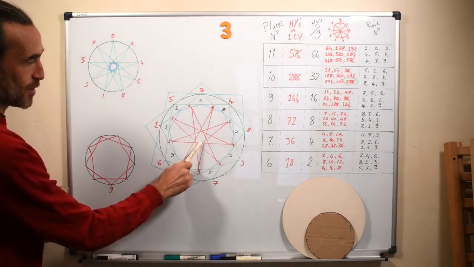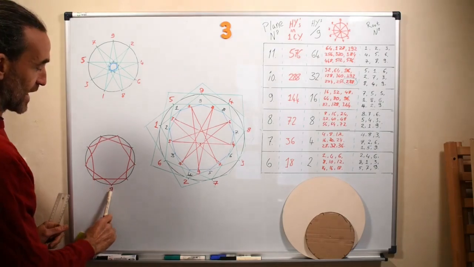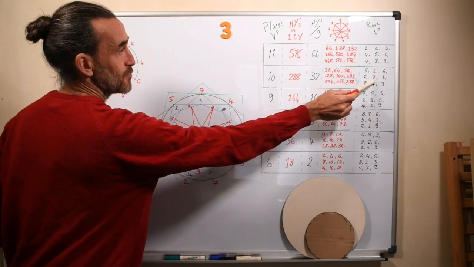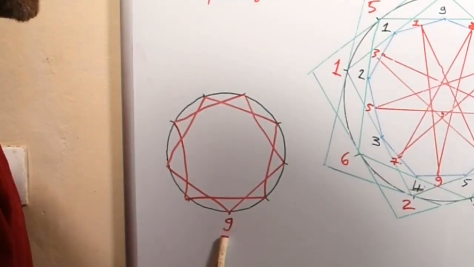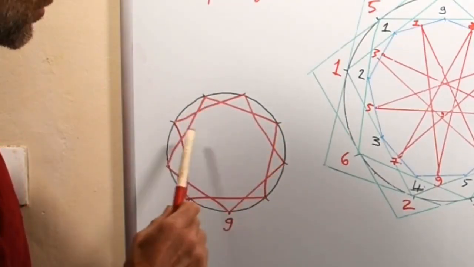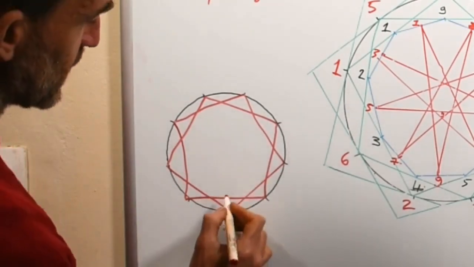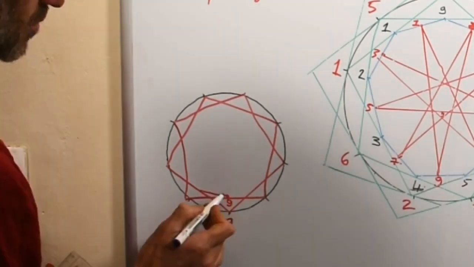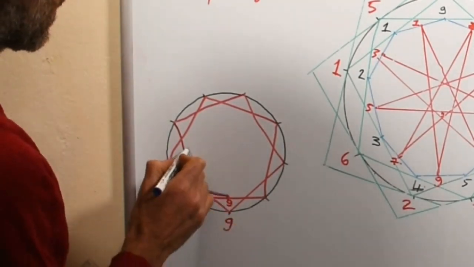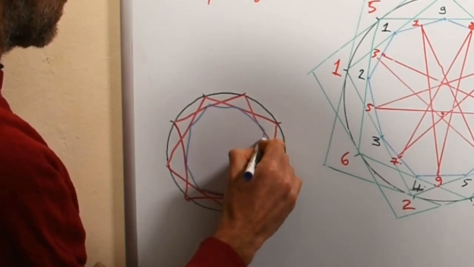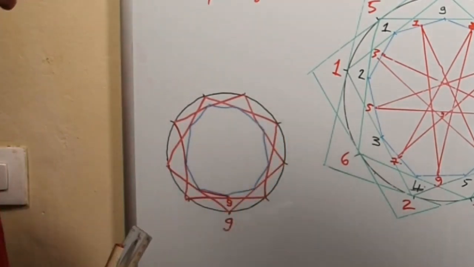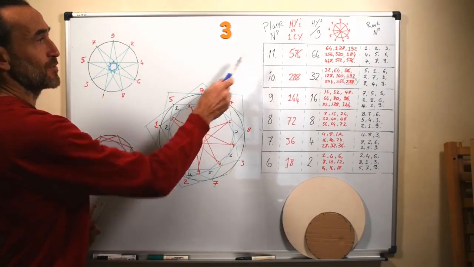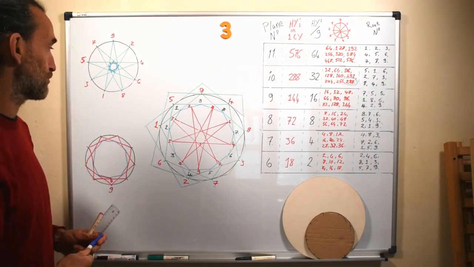It would be true when we take the midpoints of this, that the expanded 9-pointed star, which represents plane 10 and would have this sequence of numbers, also has the 9 at the bottom. And then if we were to take the midpoints here, the 9 would once again be at the bottom, and what we'd be doing there is drawing another enneagon with the 9 at the bottom, and that would be representing plane 11.